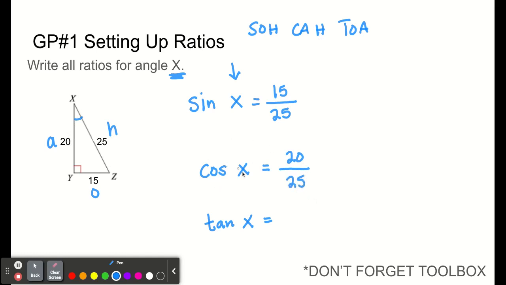So the cosine of angle x is equal to the ratio 20 divided by 25. Then the tangent of x is equal to the opposite side divided by the adjacent side. Using x as our reference angle, the side opposite again is 15, and the side adjacent is 20. So this is the sine of angle x, the cosine of angle x, and the tangent of angle x.